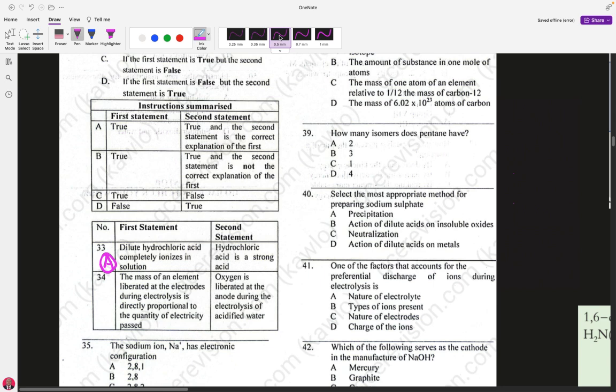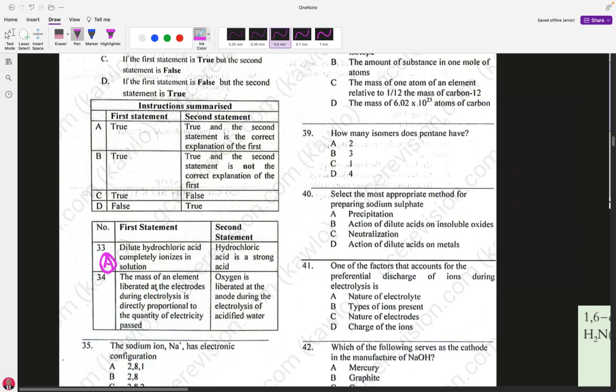Yes. But let me see the second statement. Oxygen is liberated at the anode during the electrolysis of acidified water. This statement is right, but it is not giving a right explanation of what has been given here.